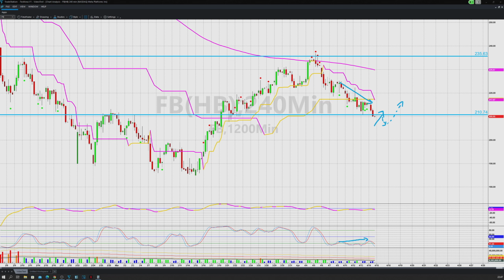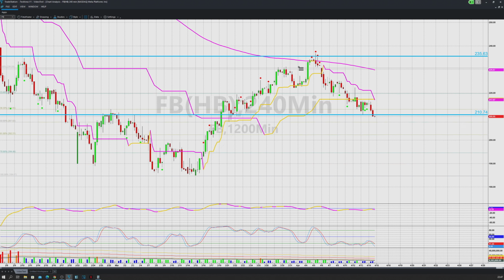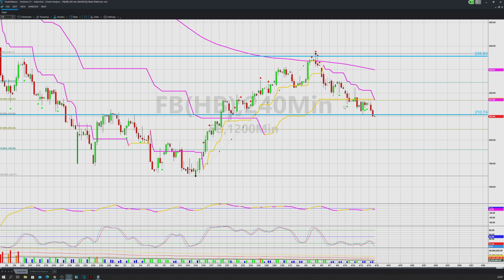Because again, let's draw. This is at the 50 level. And when those lines are aligned with my key level, it means that it can push here to the 61 and then push higher, which is still a valid retracement.